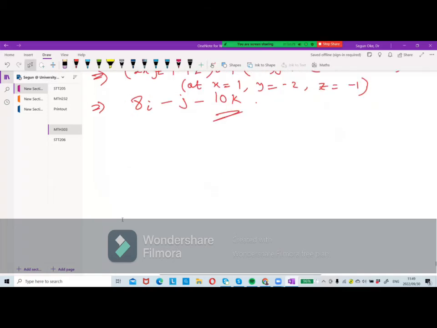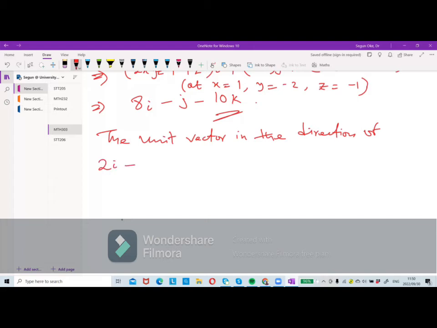So the question continues that the unit vector in the direction of 2i minus 2j minus 2k is, you remember the formula for unit, A equals 2i minus 2j minus 2k divided by the square root of, remember, x squared plus y squared plus z squared.